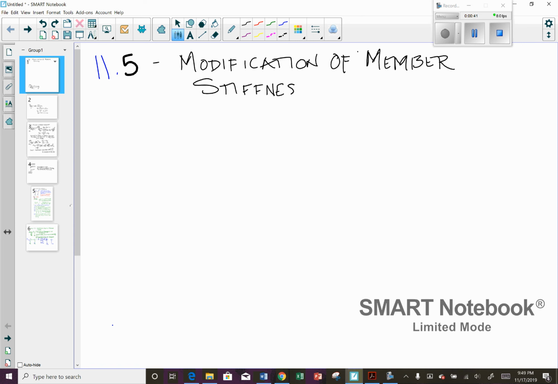Moment distribution takes the fixed end moments for each member with a load applied to it, locks it in, releases it, and then based on the stiffness, distributes that load throughout the structure. Okay, and this is all based on our slope deflection equation.